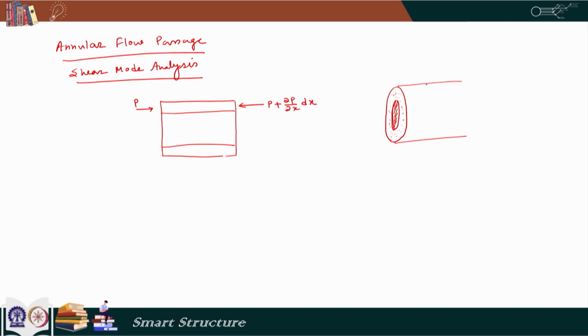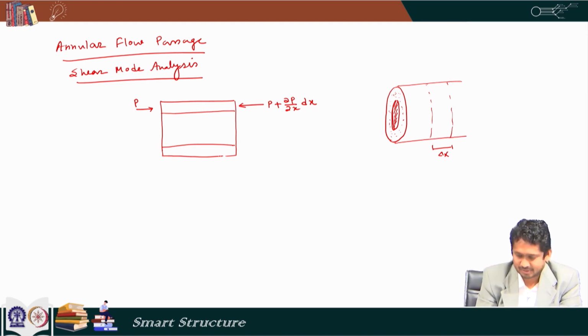Now we are taking a fluid element in this region of length delta x, and we are taking a cross sectional view of the delta x region. So from outside it looks curved, but if I take a cross section through the center it looks like this, and we are analyzing the flow there.